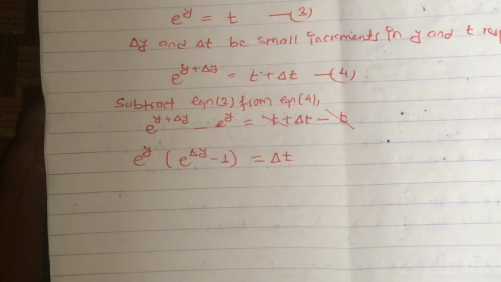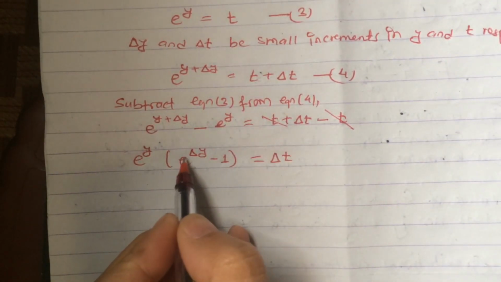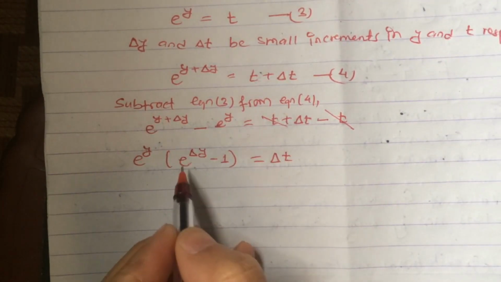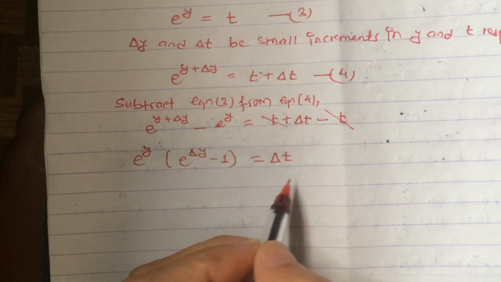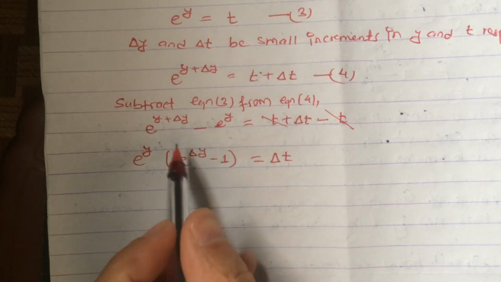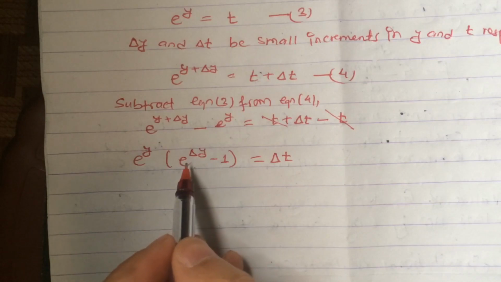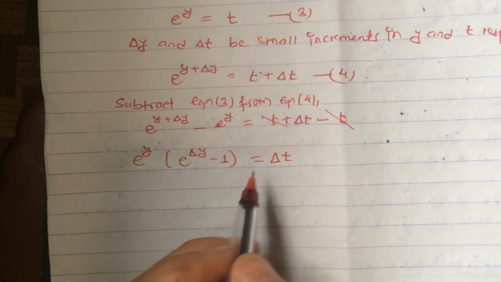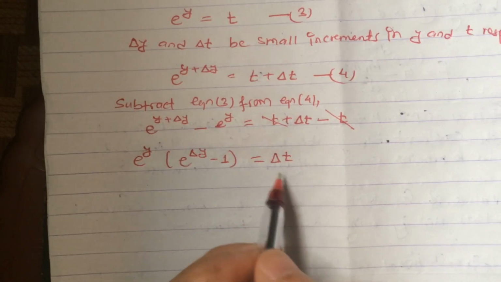Now there is del y inside this exponential function, so we have to divide this equation by del y. Meanwhile, I think you get a question here: why don't we divide by del t?